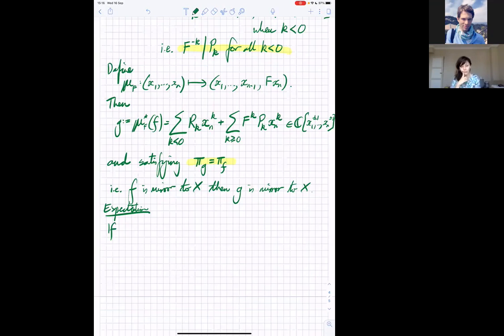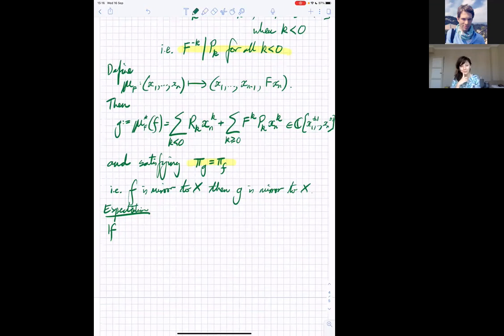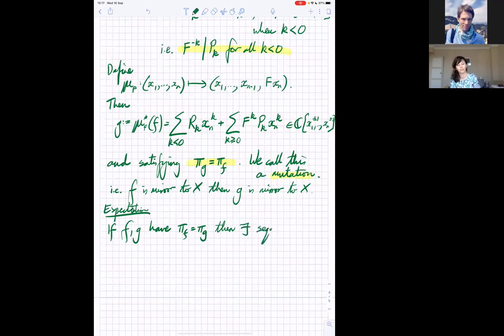Oh, I should say we call this a mutation. So if F and G both have the same classical period, then what we expect is that there exists a sequence of mutations that sends one to the other.